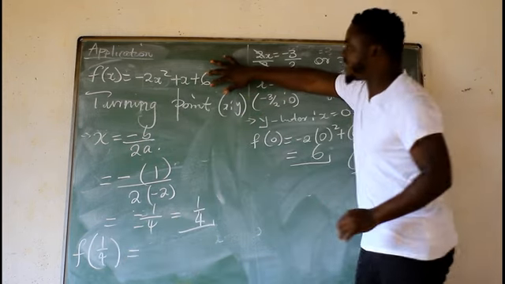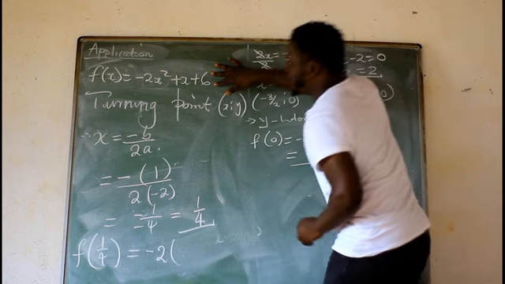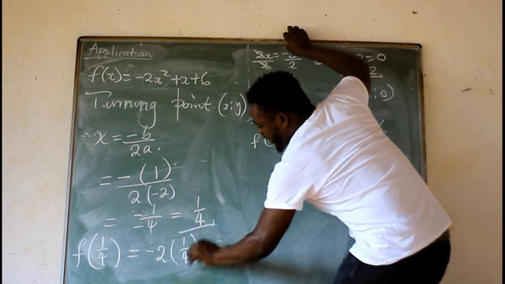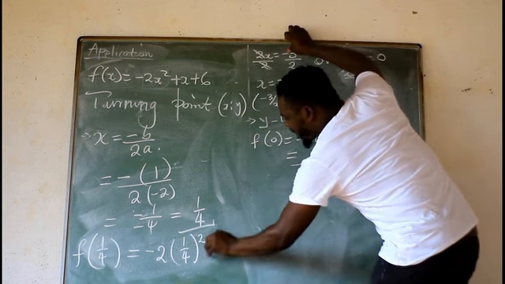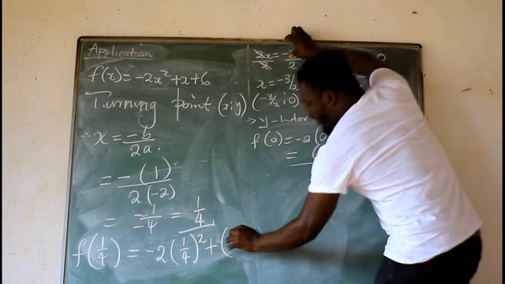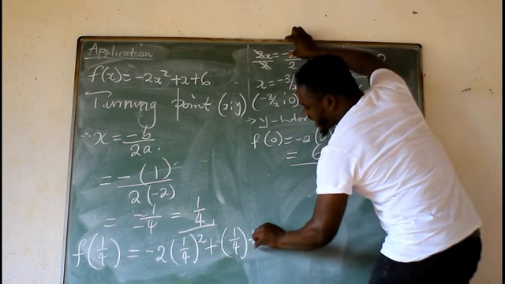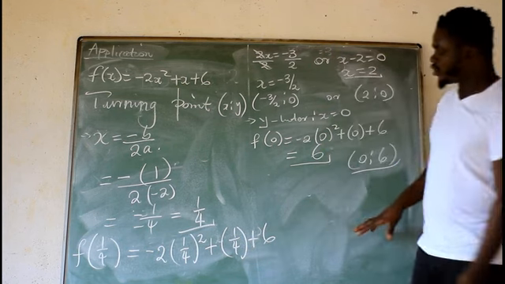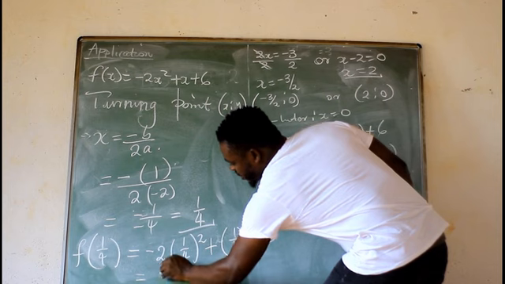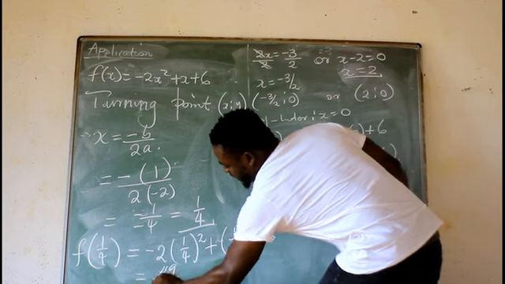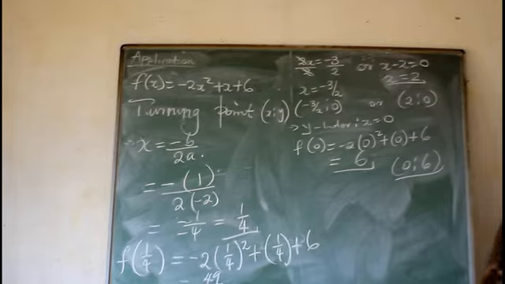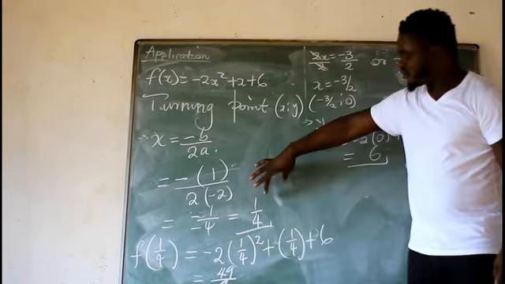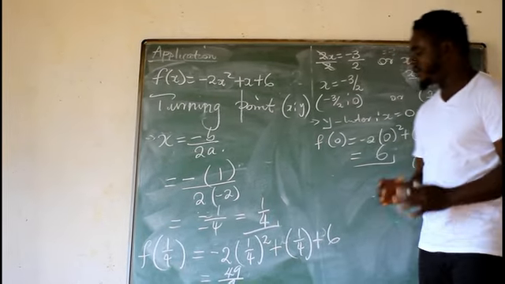The graph that you are given is negative 2 times, whenever there is x, you put 1 over 4, squared, plus x, which is 1 over 4, plus 6. If you work this out on your calculator, you are going to find 49 over 8. That is your y value.